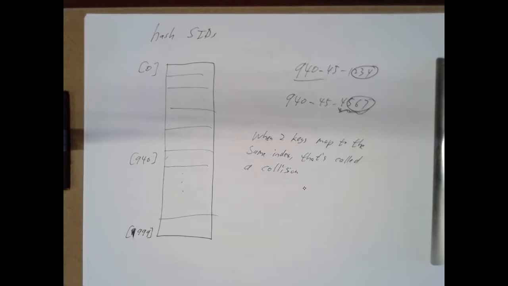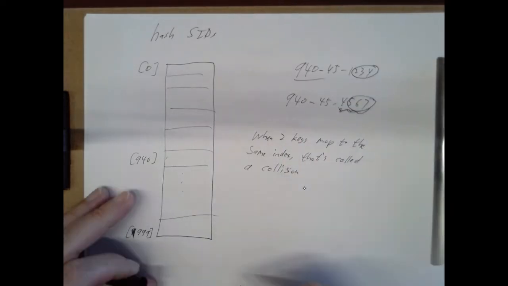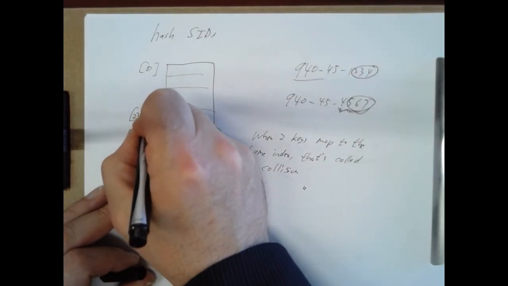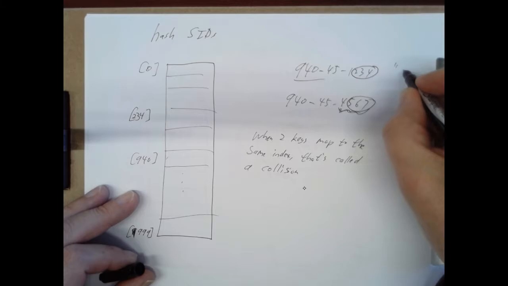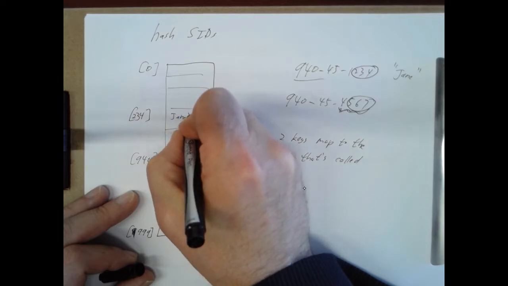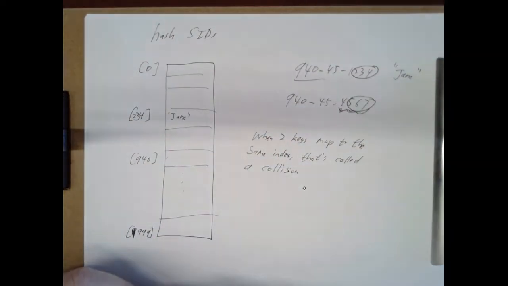And there's different ways to deal with this. So let me show a very straightforward way to deal with it. So we take our first student ID, 234 is the key. And this is Jane. So we'd like to store Jane's name at that location.